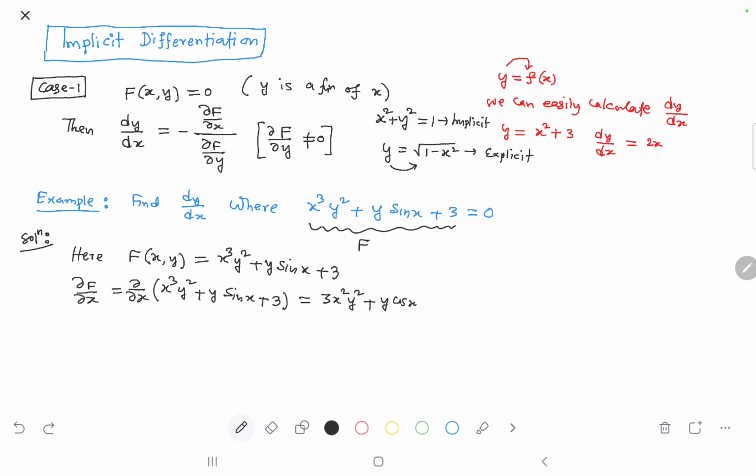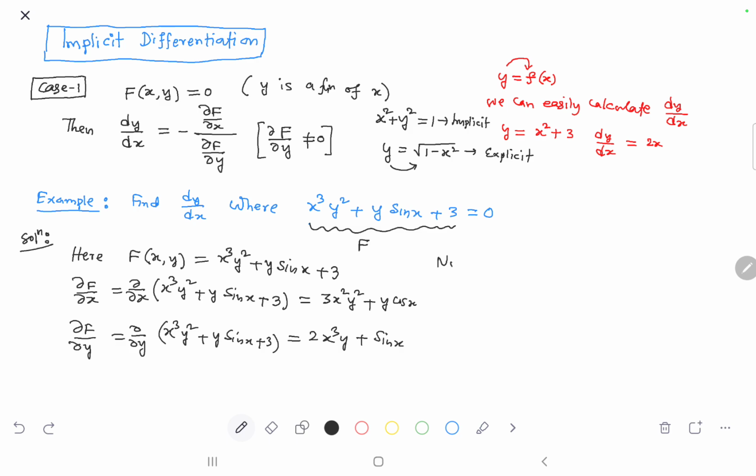Is it okay? Right. What is del f/del y? That will be the partial with respect to y of x cube y square plus y sin x plus 3. So what should we get? 2x cube y plus sin x.